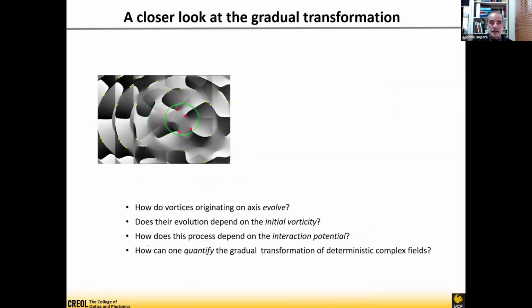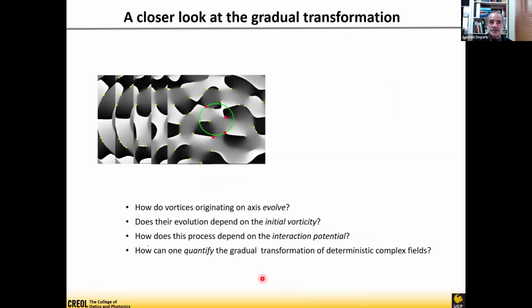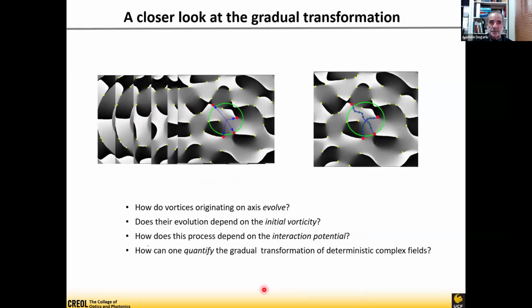One additional topic of interest is to really understand at the basic level how this perturbation practically evolves, and I'm going to show you that there is much more to understand about this, and this is a source of information that has not been tapped yet.